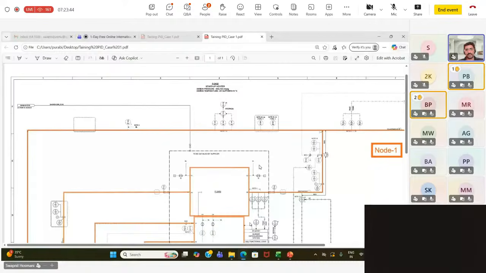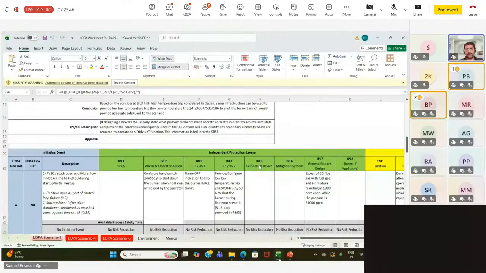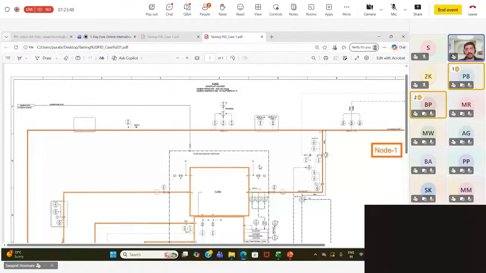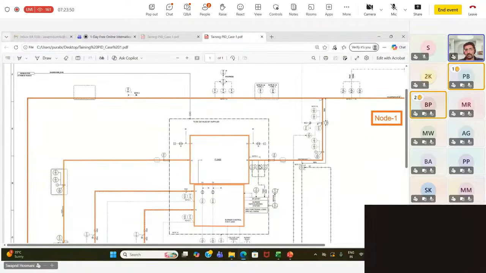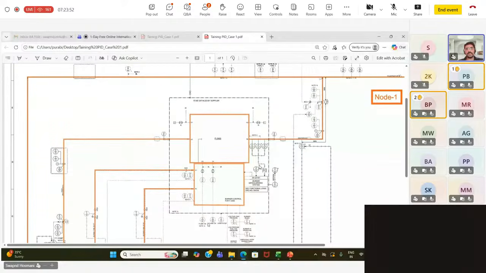Second layer is flame off indication to trip the burner. This flame off indication is basically tripping the burner through the BPCS, the basic process control system, that is based on the burner management system itself. And the third layer of protection, which is independent, is through these temperature transmitters.